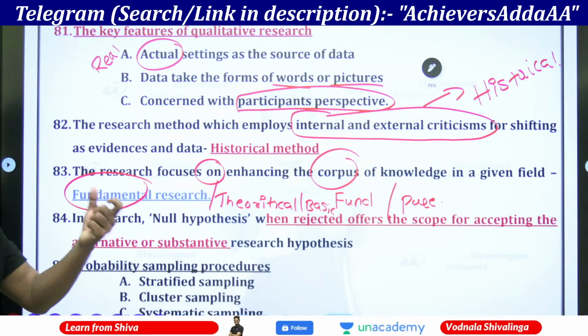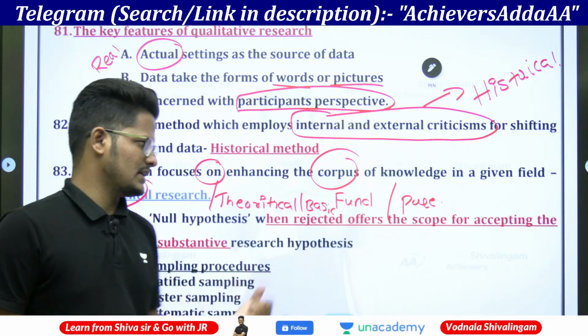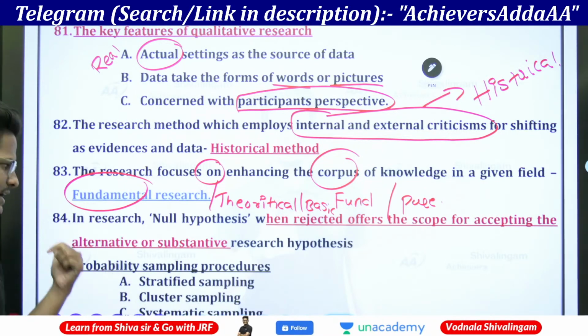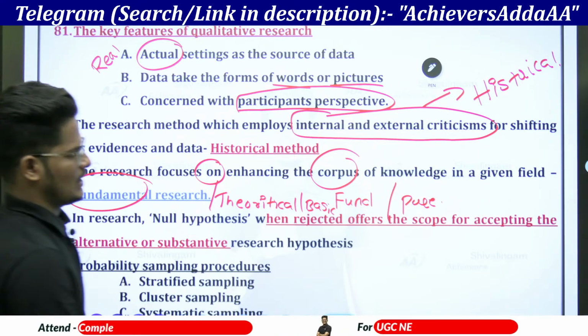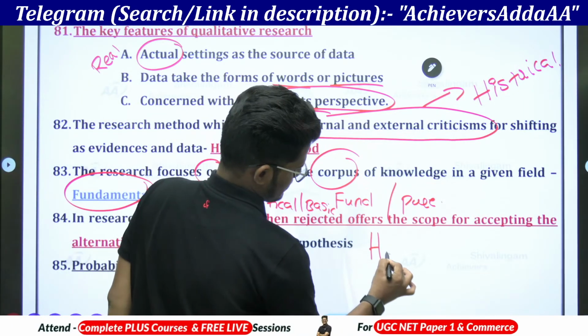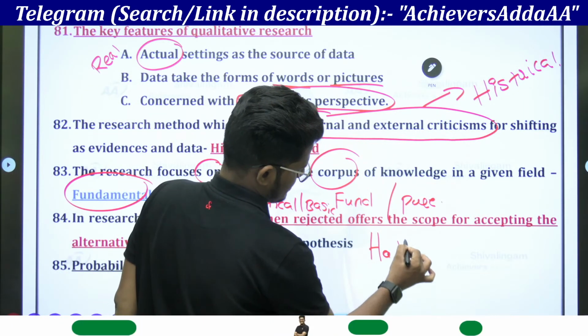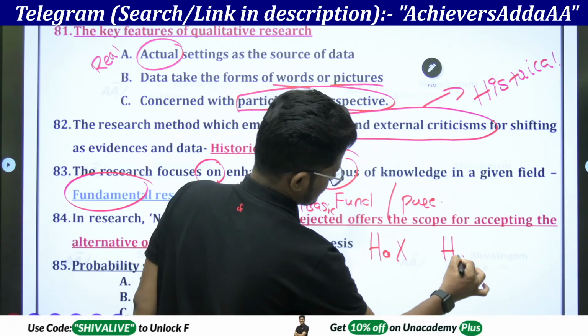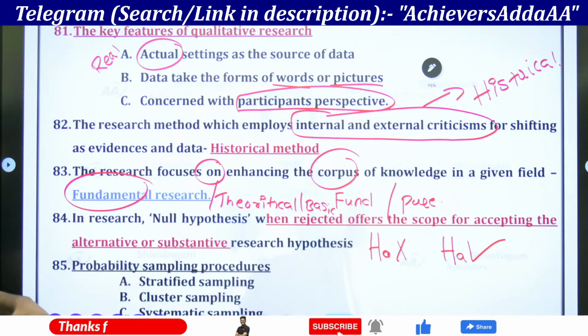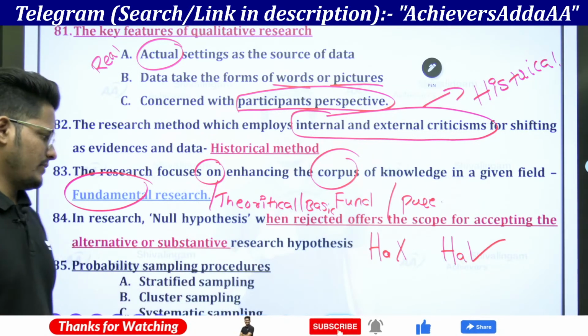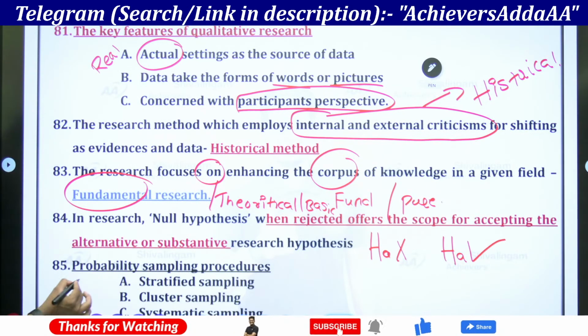Next, in research, when the null hypothesis is rejected, it gives scope for accepting the alternative or substantive or research hypothesis. So when null is rejected, automatically the alternative is accepted, which means the research hypothesis.